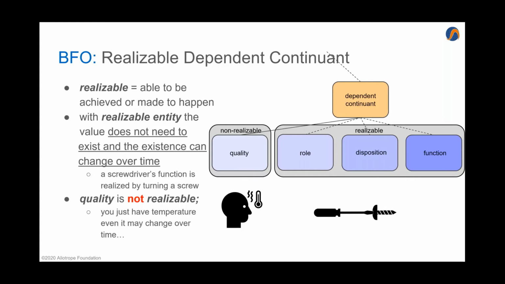With a realizable entity, the value does not need to exist, and the existence can change over time. All those realizable entities, for example, a screwdriver's function realized by turning a screw. A quality is not realizable. You just have temperature. Even if it may change over time, you just have the temperature.